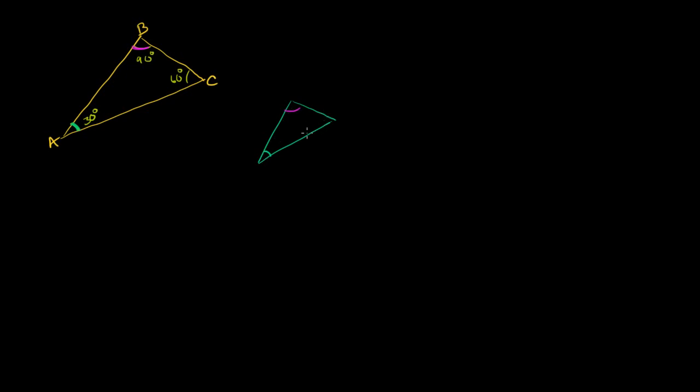So in general, in order to show similarity, you don't have to show three corresponding angles are congruent. You really just have to show two. So this will be the first of our similarity postulates. We call it angle-angle. If you could show that two corresponding angles are congruent, then we're dealing with similar triangles.